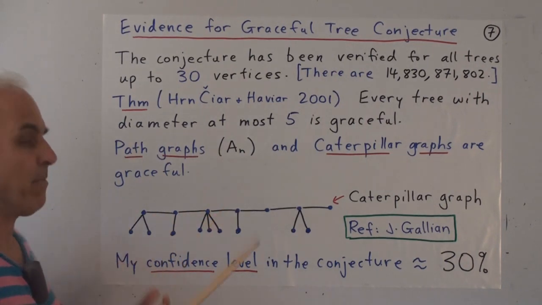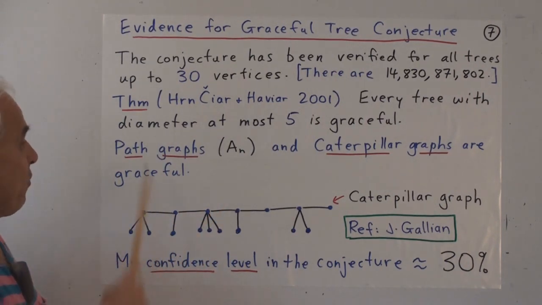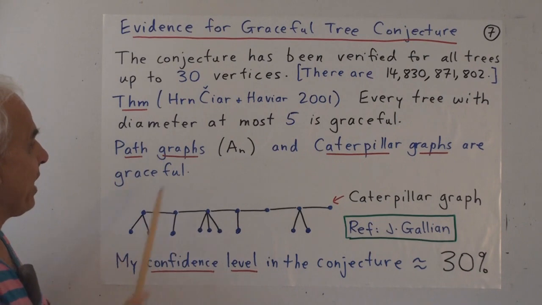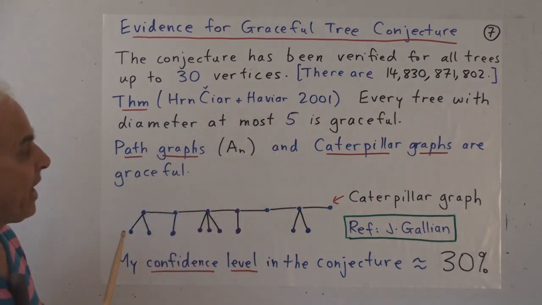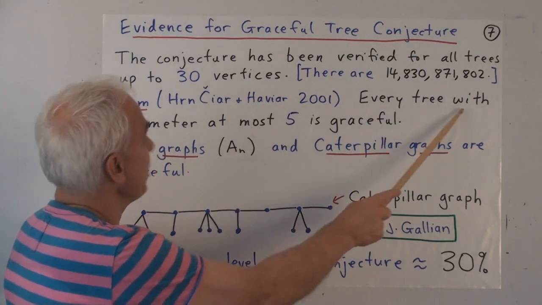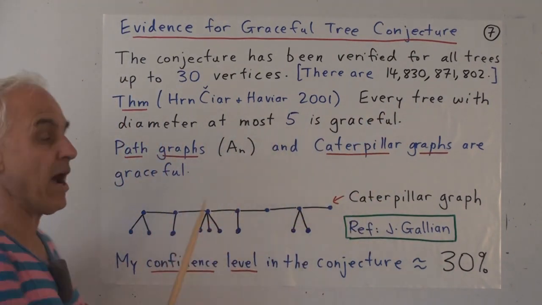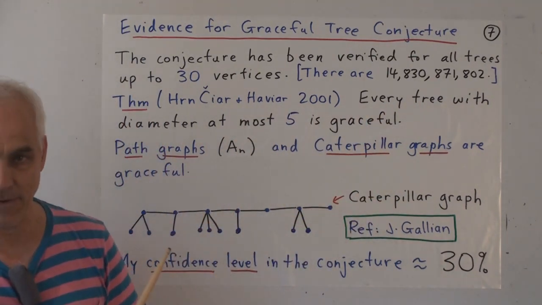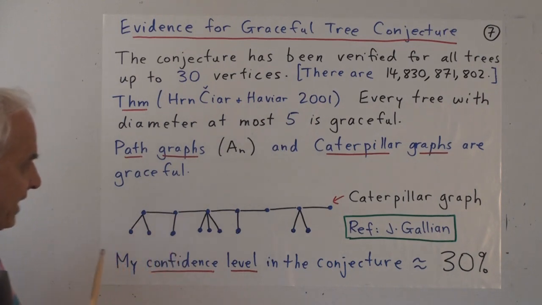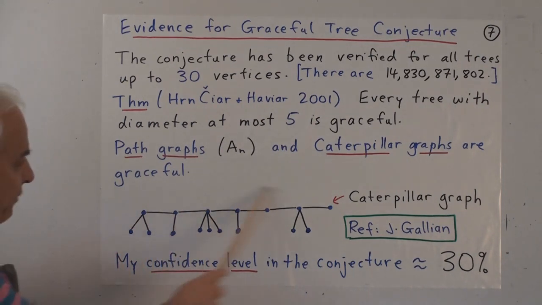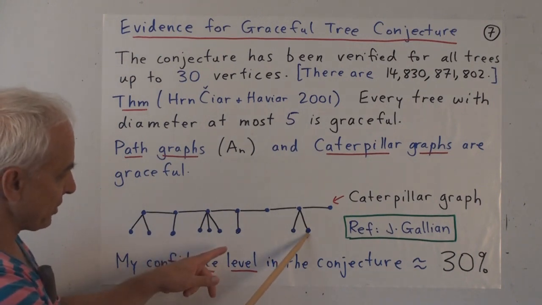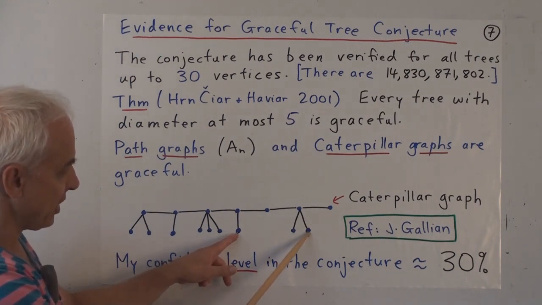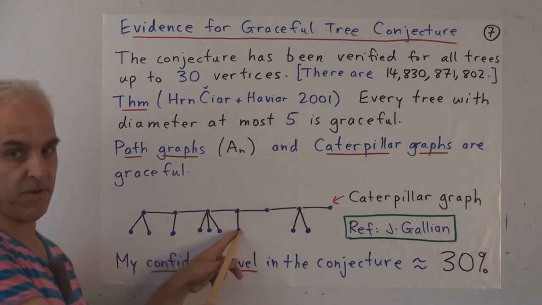All right, there are some theoretical results. One very nice one is this result by Hrnčiar and Haviar in 2001, that they proved that every tree with diameter at most 5 is graceful. What does diameter mean? Well, have a look at this tree for a second. To go from this vertex to this vertex requires going through 1, 2, 3, 4, 5 vertices.